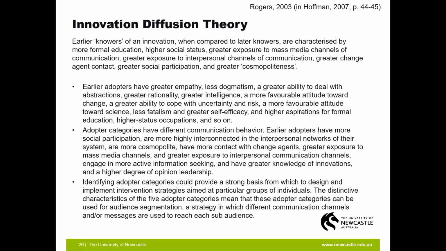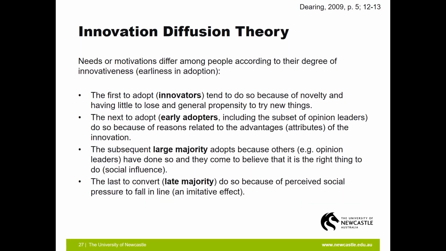And often they can have a higher degree of opinion leadership. So ideally, you want to be targeting those early adopter categories for your opinion leaders. But again, it's just a way for us to think about our different audiences and how we can tailor our strategies and communication messages to those different audiences.